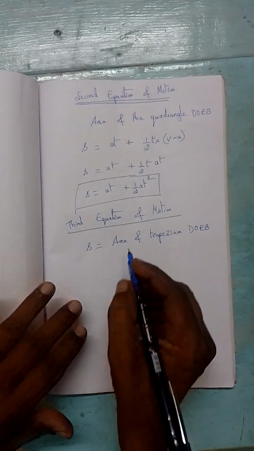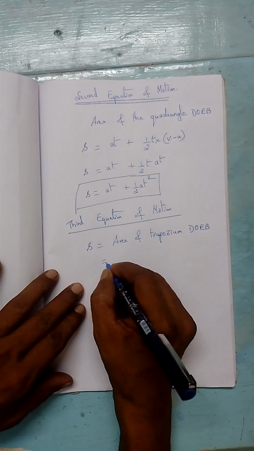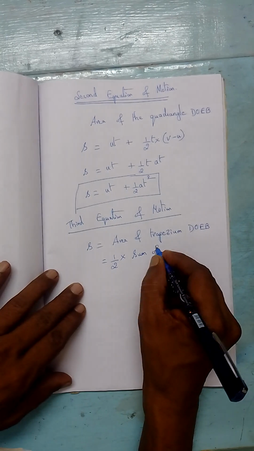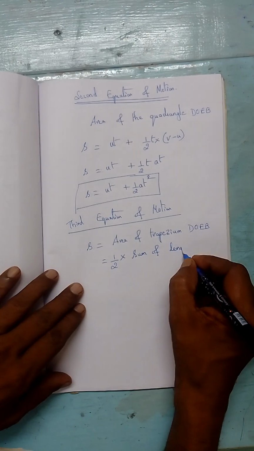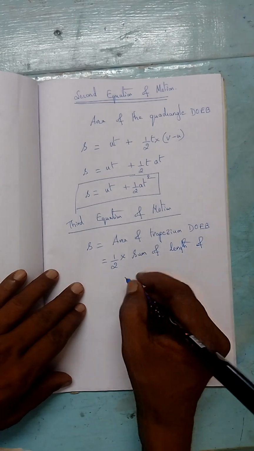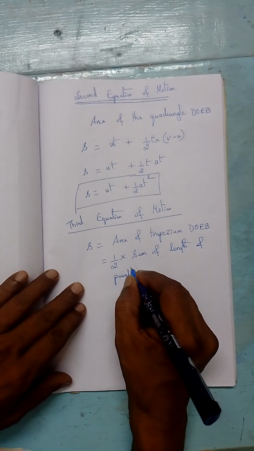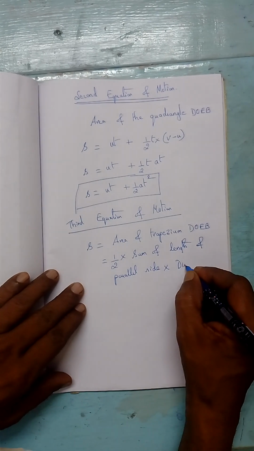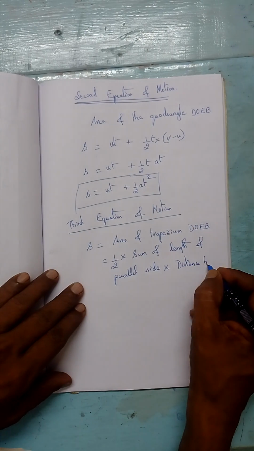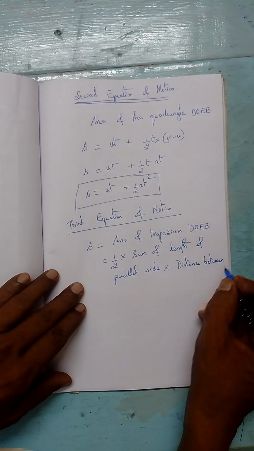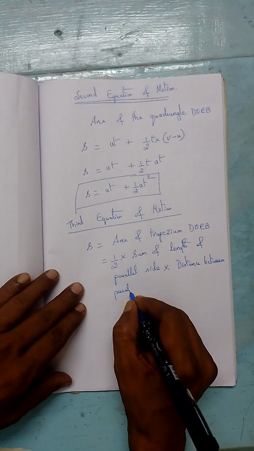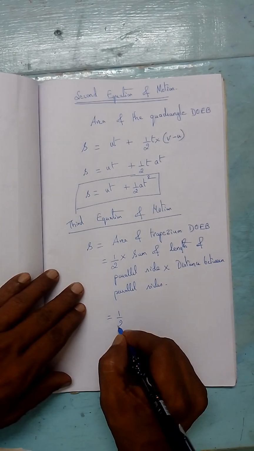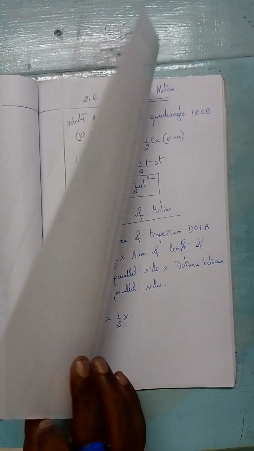So what is the formula for finding the area of a trapezium? It is half into the sum of the lengths of the parallel sides into the distance between the parallel sides.